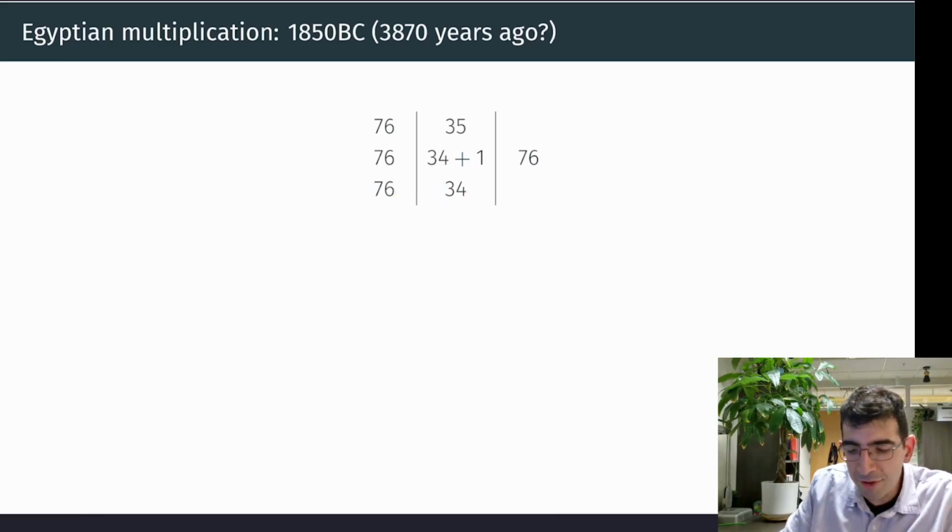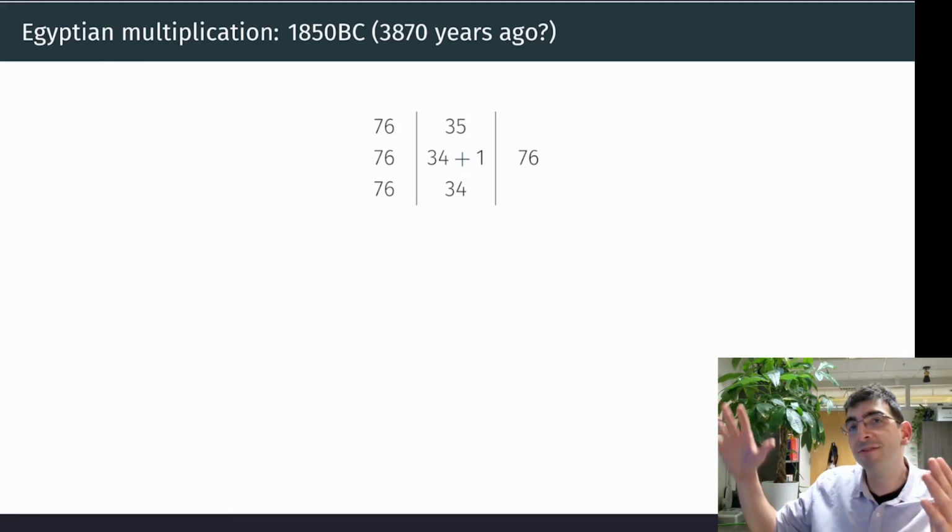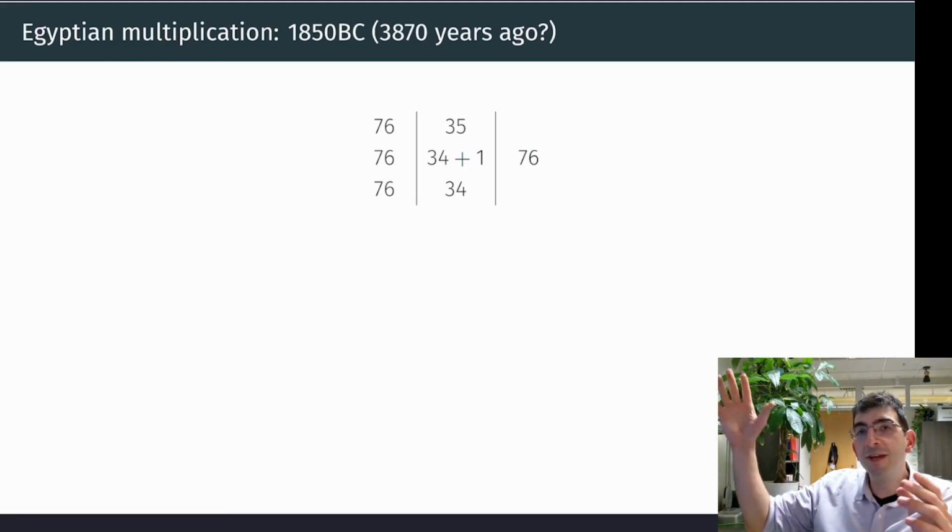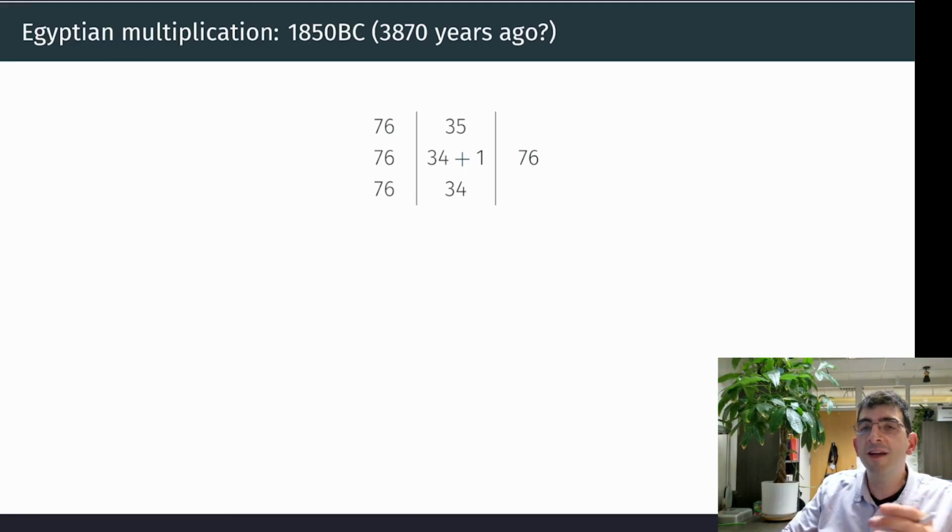Okay, so multiplying 76 times 34 isn't too much easier, but the nice thing here is that we can take factors from 34 and give them to 76, making one of the numbers very large and one of the numbers very small. Hopefully, we'll make the second operand small enough that the multiplication becomes trivial.